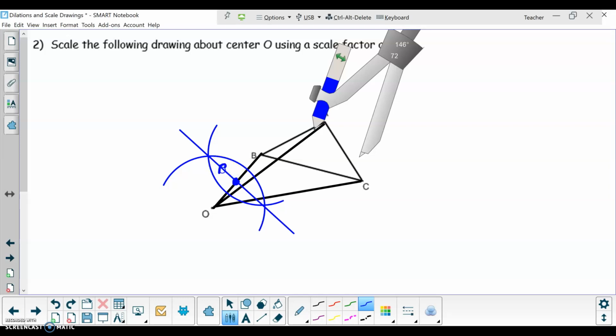Okay, so this point right here is B prime, okay?